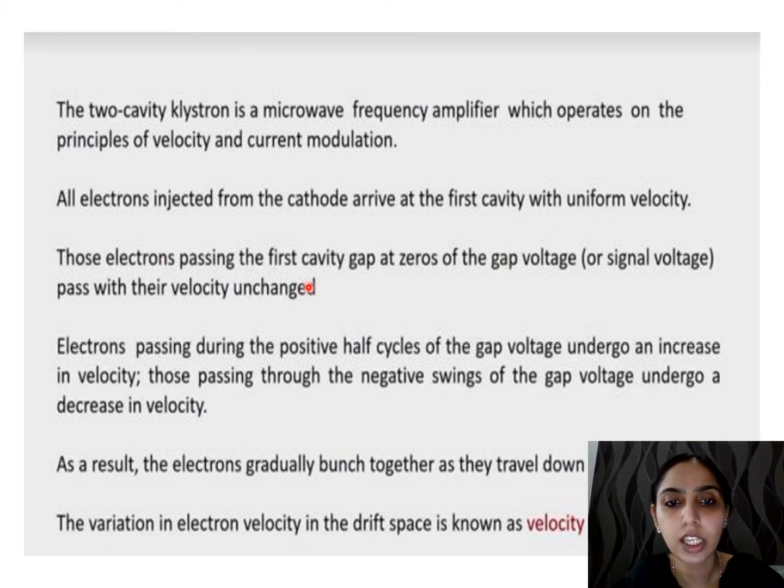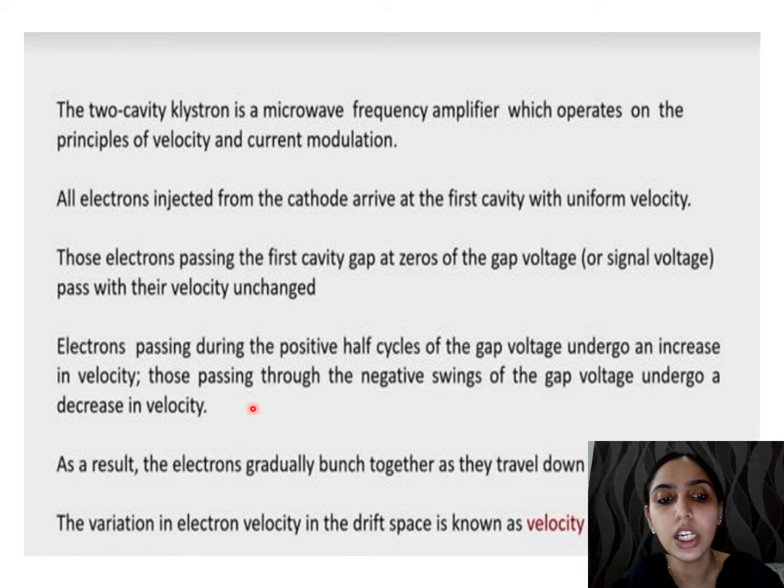Those passing the cavity gap at zeros of the gap voltage, or our microwave signal voltage, have their velocity unchanged. Those electrons passing through the positive half cycle of the gap voltage undergo an increase in velocity, so they are accelerated, and those passing on the negative swings of the gap voltage undergo a decrease in velocity. Okay, so they are being retarded.